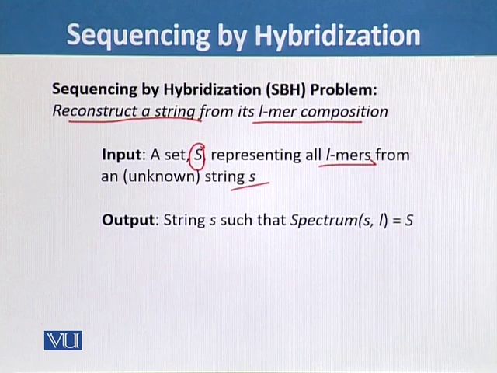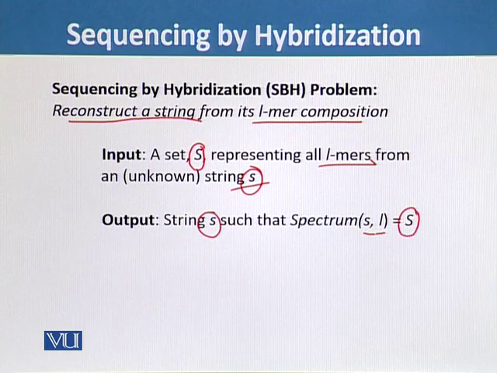The output will be a string S such that the spectrum S_L is equal to the set that was obtained, which represents the L-mers. By using this, we can reconstruct a string from the L-mer composition.